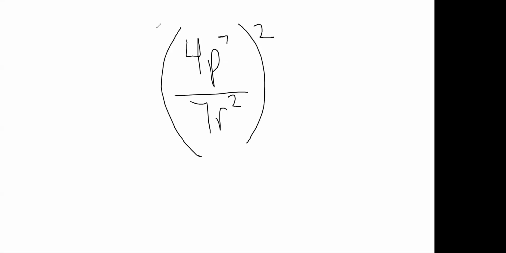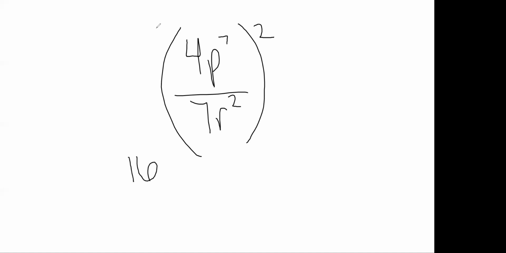When we have multiplication or division inside the parentheses and everything inside it is squared, we're going to square everything. So first, this is going to apply to each individual thing inside of this parentheses because it's division or multiplication on the inside. So first, let's do 4 squared. So 4 squared is 16.